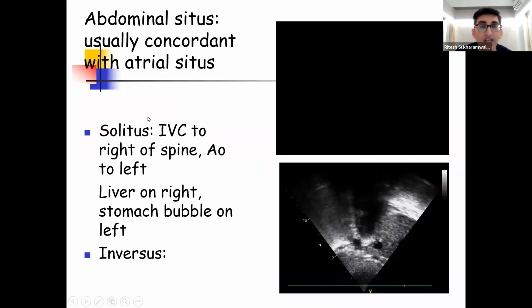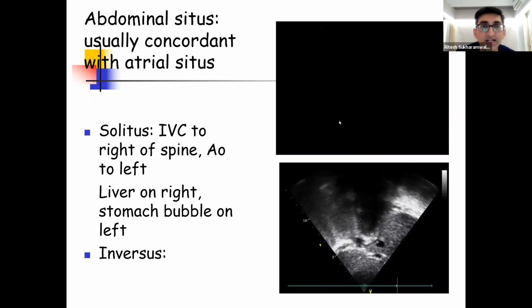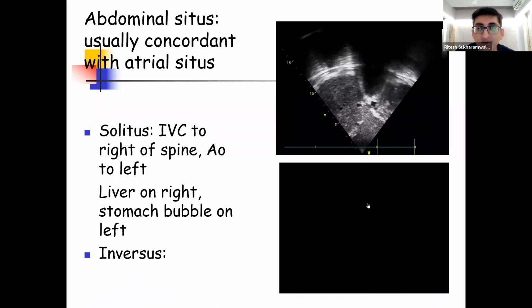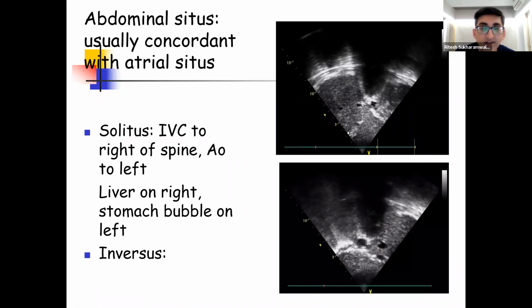So now coming to the abdominal situs. Abdominal situs is usually concordant with the atrial situs. So how are you going to define abdominal situs? Abdominal situs is defined by four structures: liver, stomach gas, IVC and aorta.